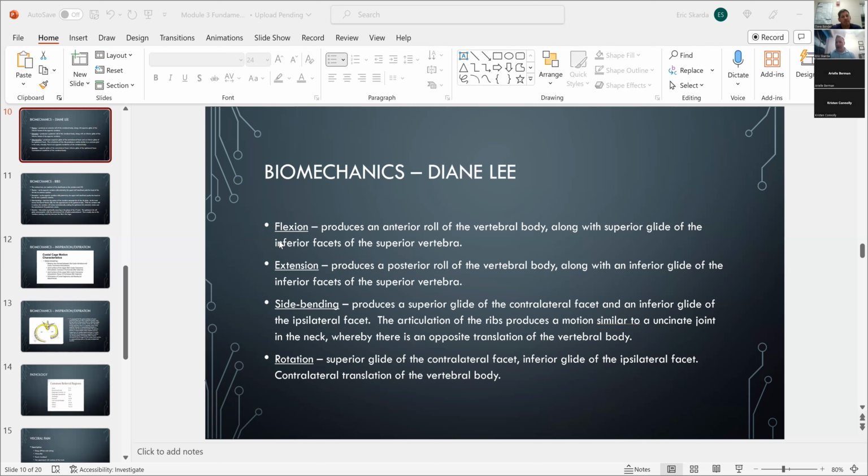So that's one type of lesion. We can also have facet lesions, which tend to be much simpler. And then we can also have rib lesions, R-I-B lesions. Those are the three basic mechanical problems that we can assess and treat in the thorax.